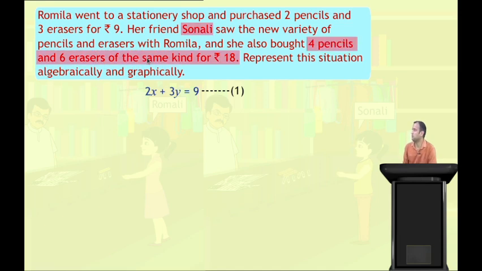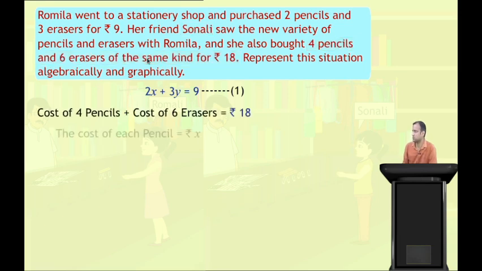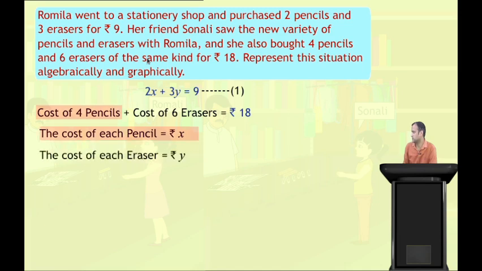Now we can make the next equation. 4 pencils and 6 erasers of the same kind for ₹18. So it is cost of 4 pencils and a pencil is X, so it is represented as 4x, and 6y. The cost of each pencil is ₹X, cost of each eraser is ₹Y.